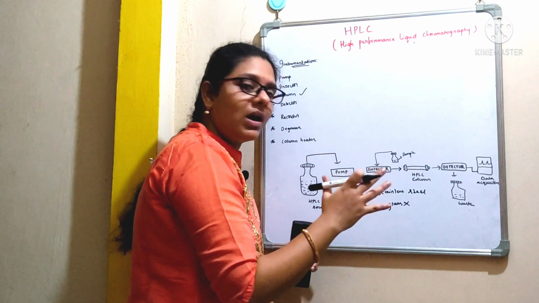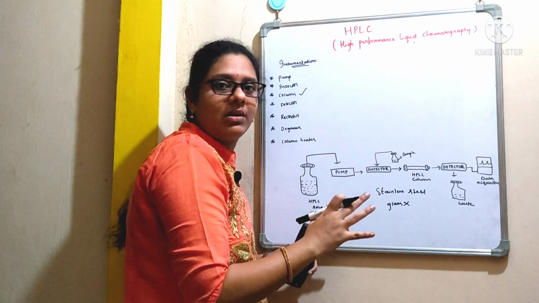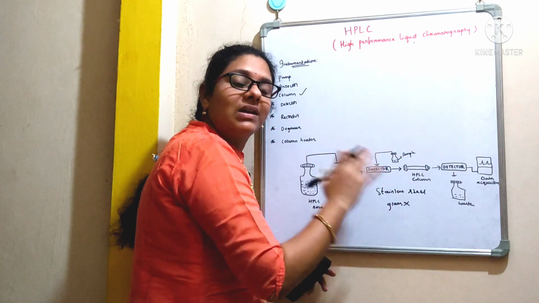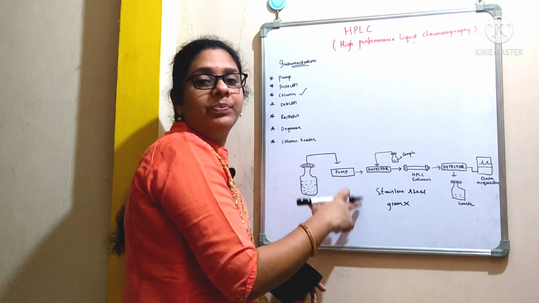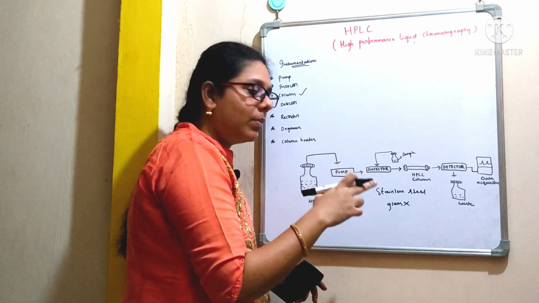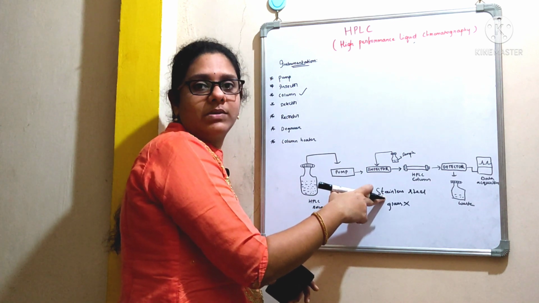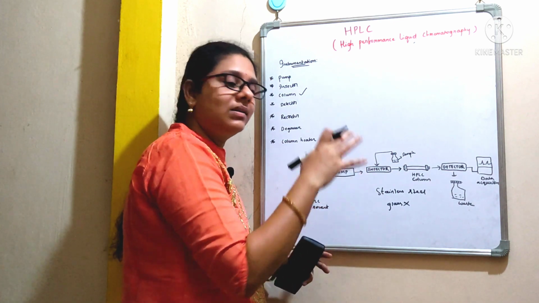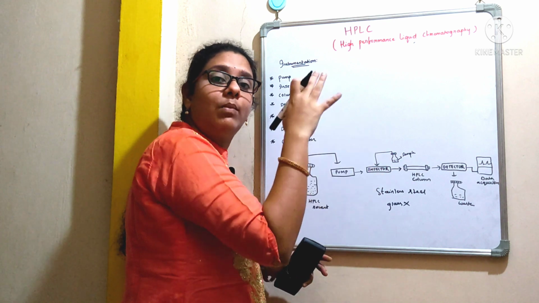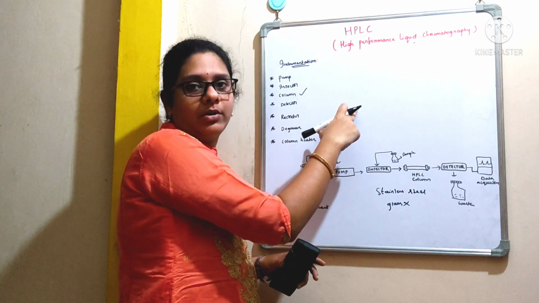Why? Because here we are going to apply a high pressure, right? And glass columns cannot withstand that high pressure. In order to overcome that problem, glass columns are replaced with stainless steel columns. That is why I mentioned that HPLC is a modified version of column chromatography.